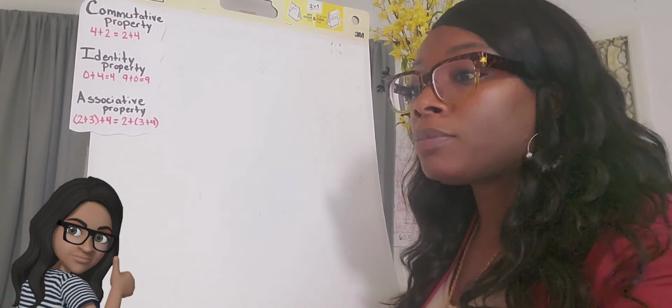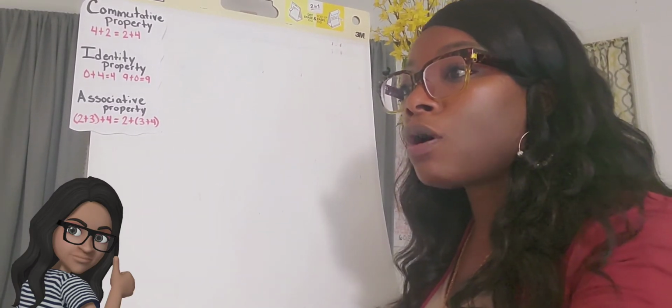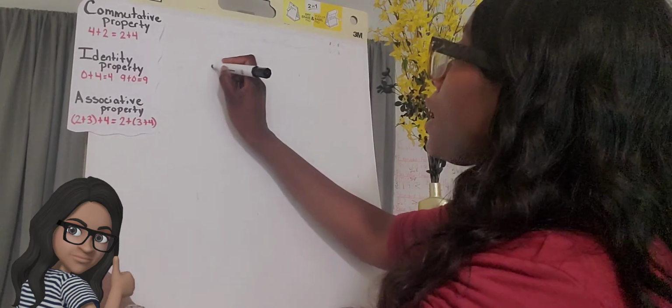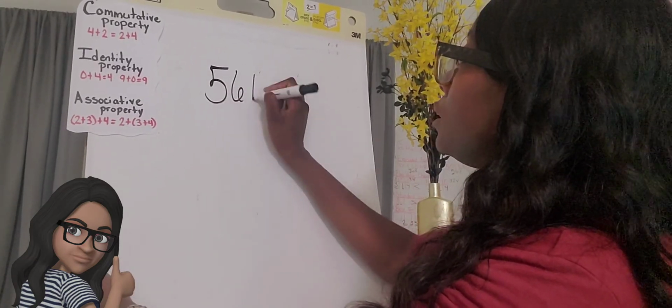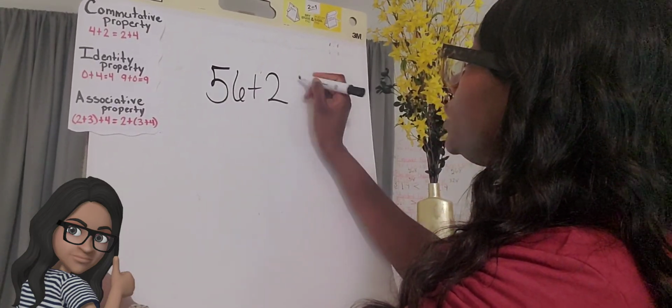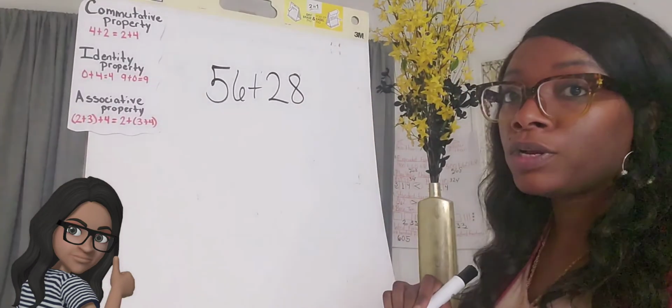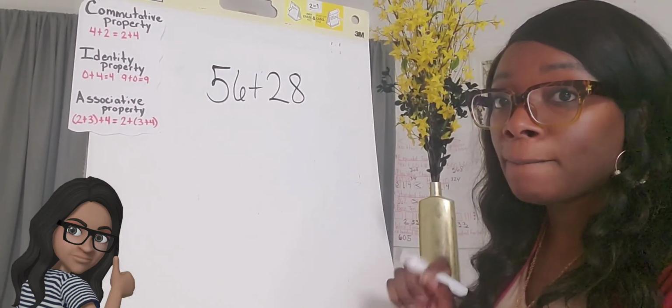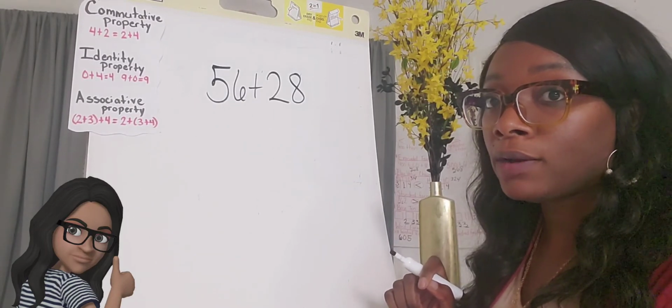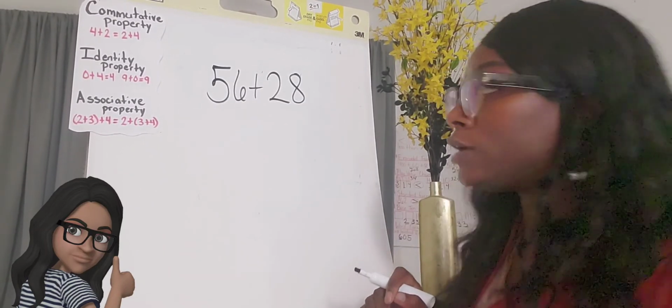All right, the problems that I'm going to give you are, I want you to try 56 plus 28. That's one of your problems, so make sure you write that down. Go ahead and write it down now, and you can work it out after the video is over.